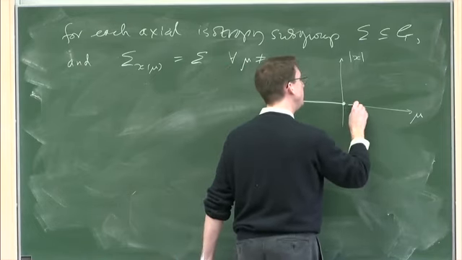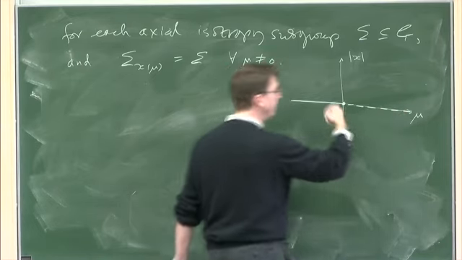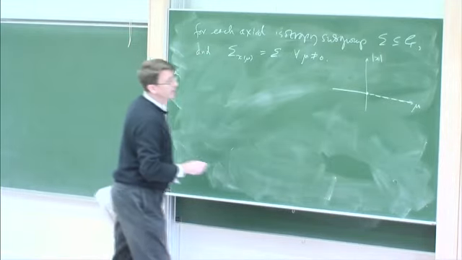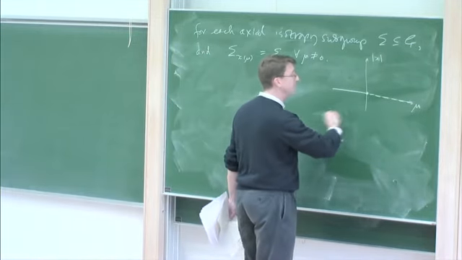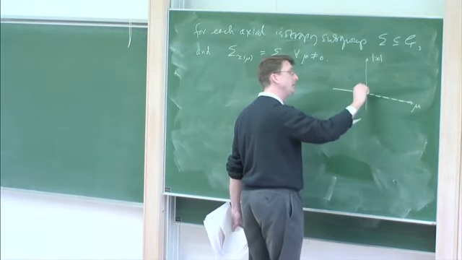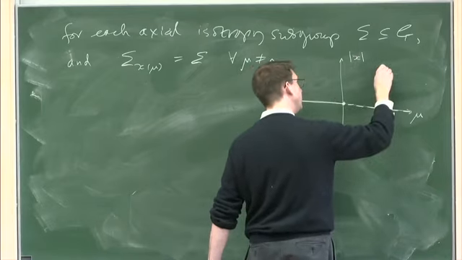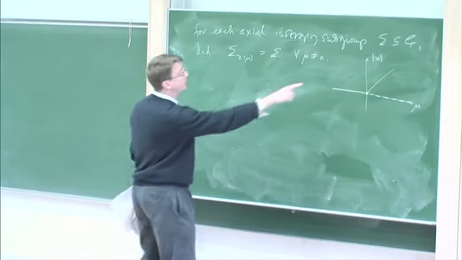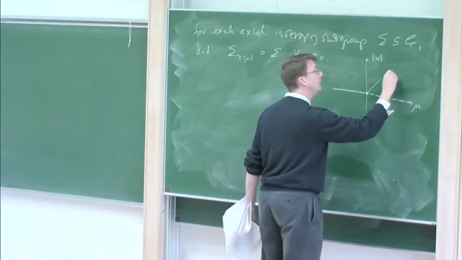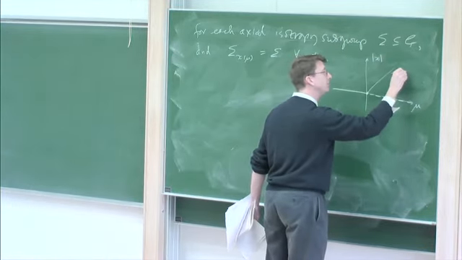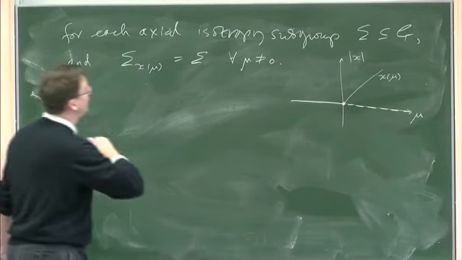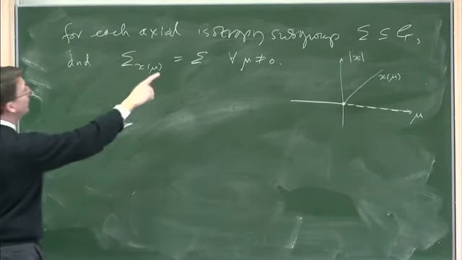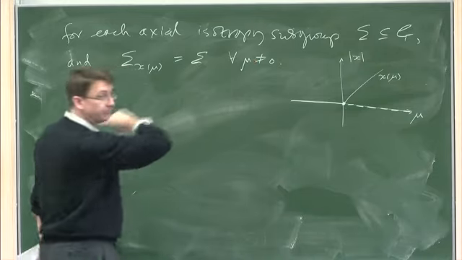So I have a bifurcation point. I always have an equilibrium at the origin. It's going unstable as mu increases through 0. And then there's some collection of curves that comes out. I have one curve which is some branch x as a function of mu, one of these for each axial isotropy subgroup.